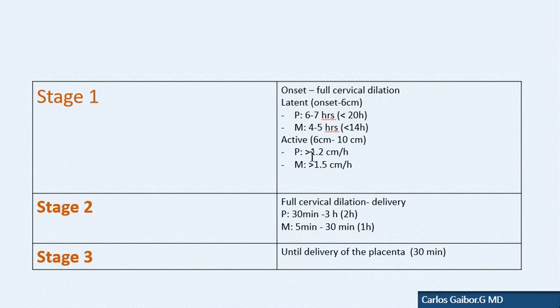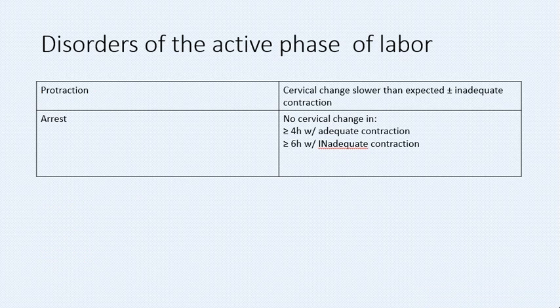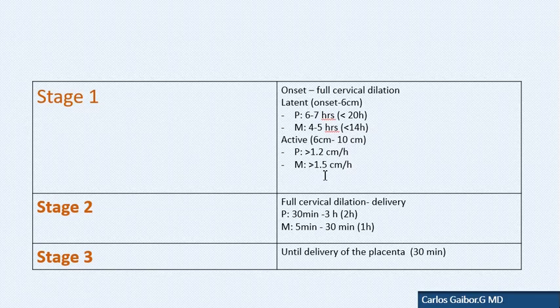We expect in a primiparous woman more than 1.2 centimeters per hour, so if the cervix dilates less than 1.2 centimeters per hour, we term that protraction, or a protracted active phase of stage 1. And in a multiparous woman it is less than 1.5 centimeters per hour.